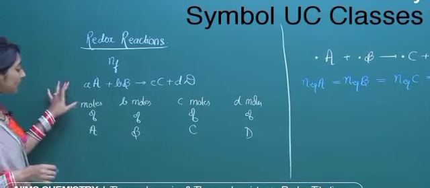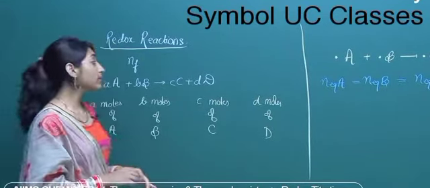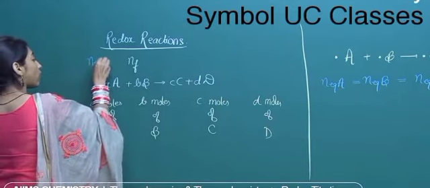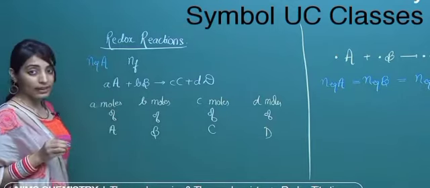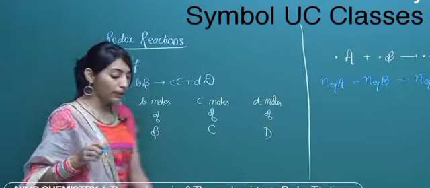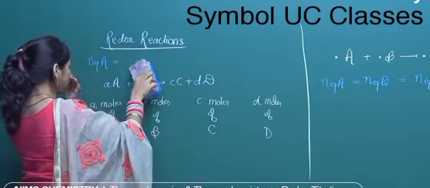Okay. So if this reaction is balanced and we need to talk about the number of equivalents, then also I'll say the number of equivalents of A used up in the reaction will be equal to the number of equivalents of B used up in the reaction.